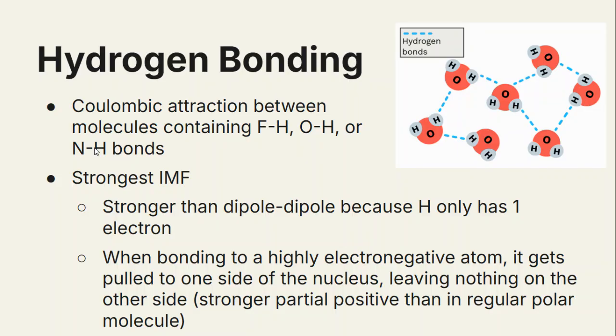or with another molecule that can also form hydrogen bonds. This is the strongest of the three IMFs, and the reason is because hydrogen only has one electron. So when it bonds to a really highly electronegative atom like fluorine, oxygen, or nitrogen, that electron gets pulled to one side of the nucleus, leaving nothing on the other side of the hydrogen, which means that the partial positive charge that forms there is just a little bit stronger than what it would be in a regular polar molecule.